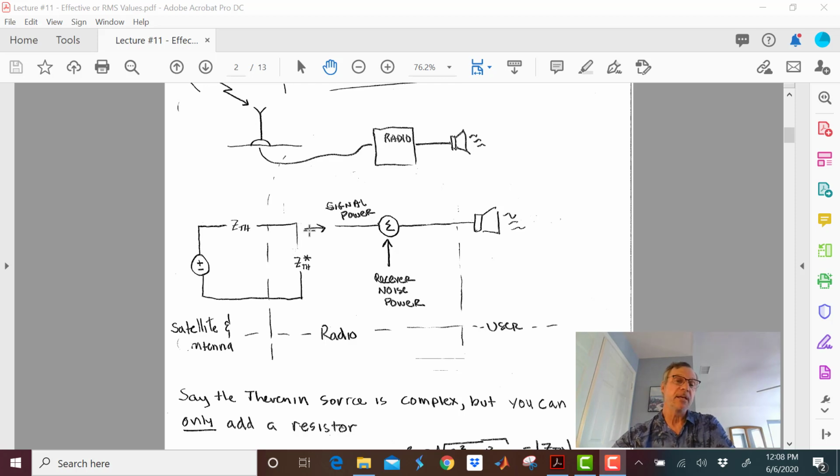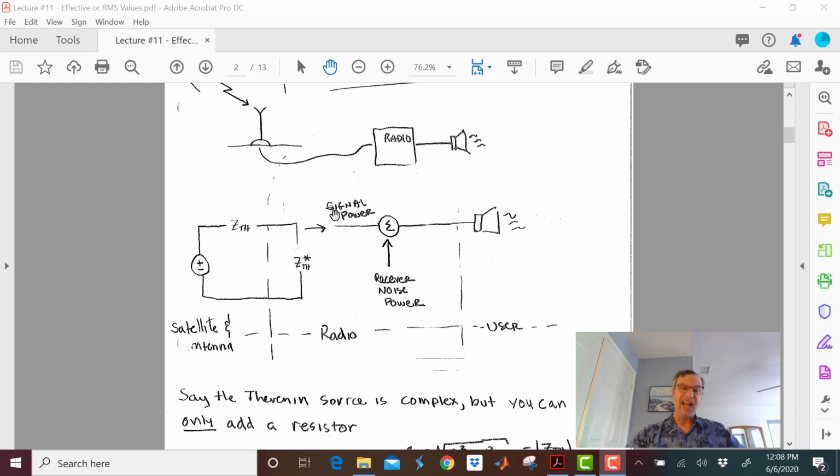In RF speak, and remember this because it's good for your interviews, we have matched the load to the source. So my Thevenin impedance here was the Z Thevenin, and I put a load on it of Z Thevenin complex conjugate. So now I have the absolute maximum power that I can get out of that little antenna.